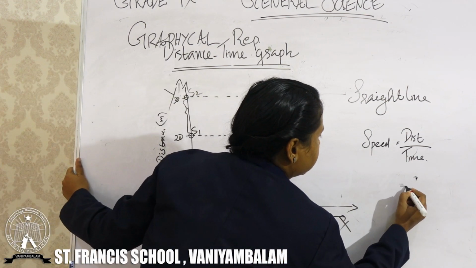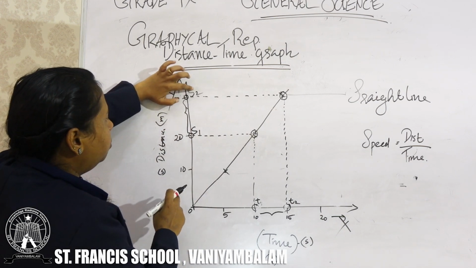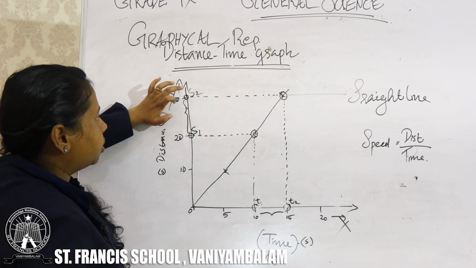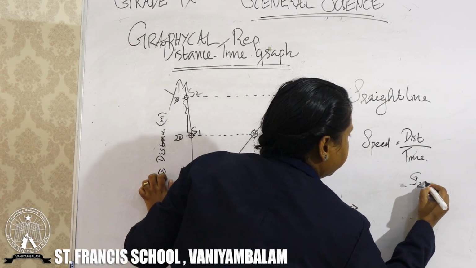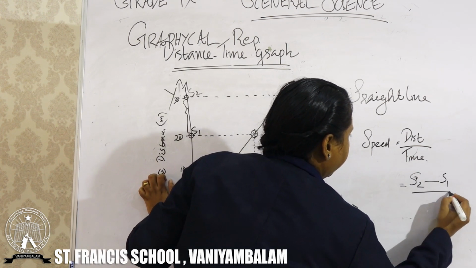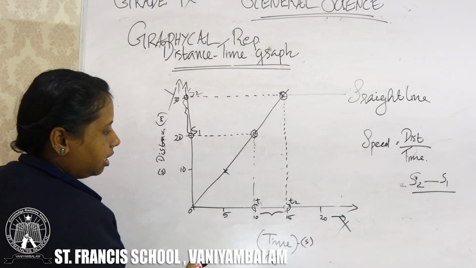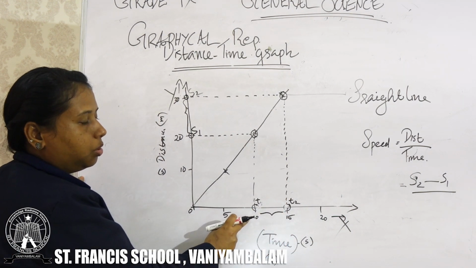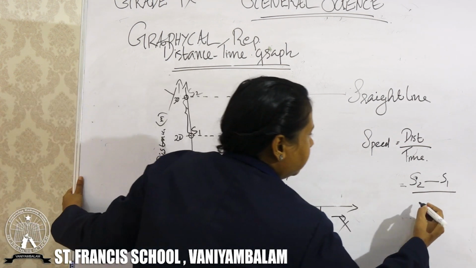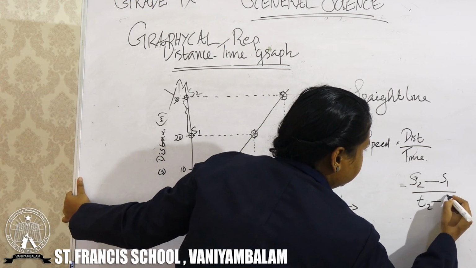So what is distance now? S2 minus S1. So we can write S2 minus S1 divided by time. What is time? T2 minus T1.